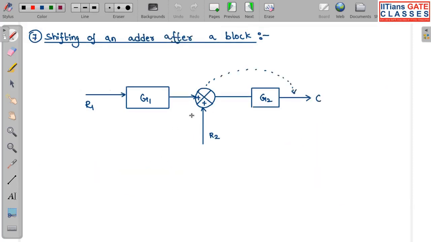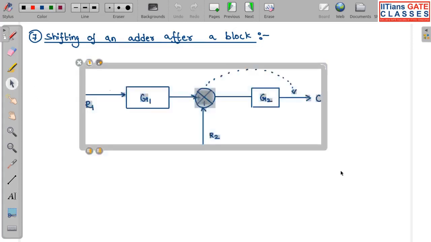Now similarly, if I want to take this adder ahead of this block, this is also very simple. I want you to attempt this yourself. This adder has to move ahead of this block. So how do we do it? Look over here, what is the output?